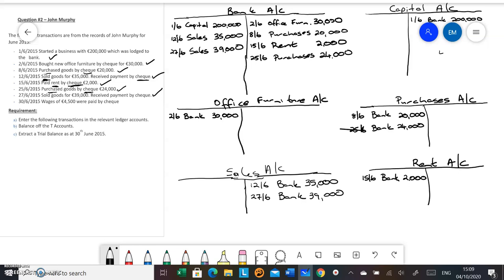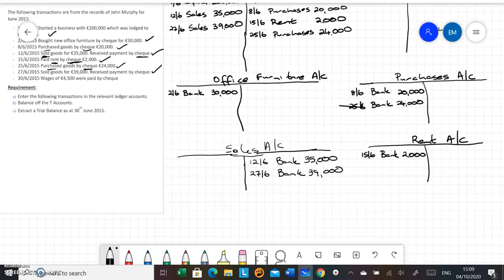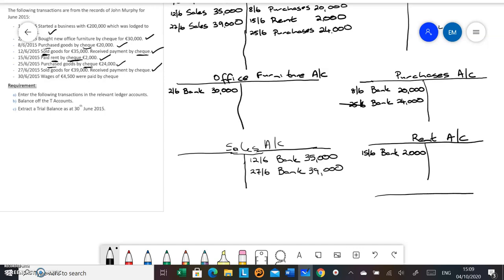And then finally, on the 30th of June, you've wages of €4,500, which were paid by check. So your wages are an expense. You open up a wages account. You'll always open up an account for each different type of expenditure classification. So you have your wages account, your wages is an expense, you debit your expenses, so you'll debit your wages account.